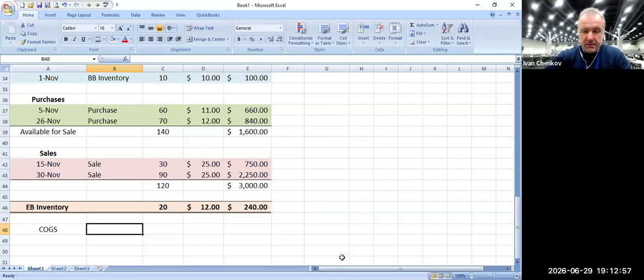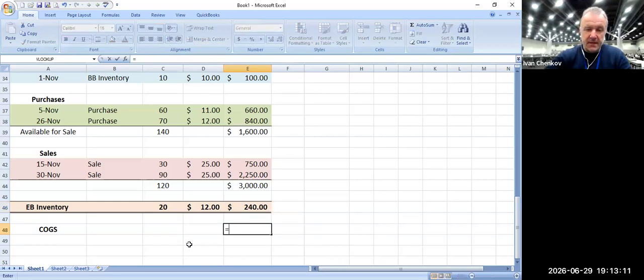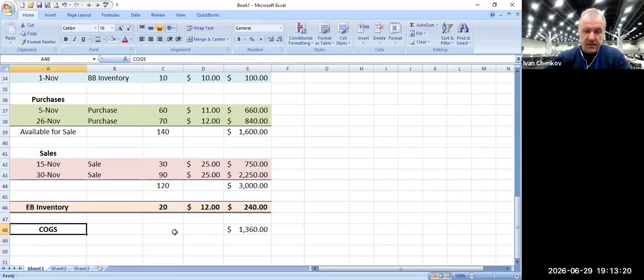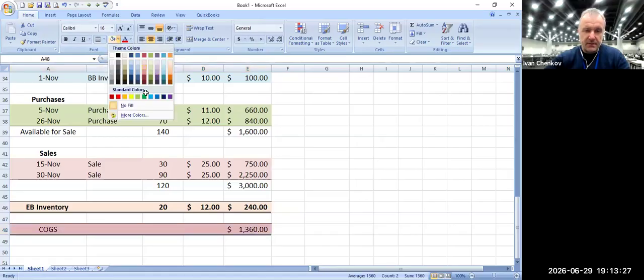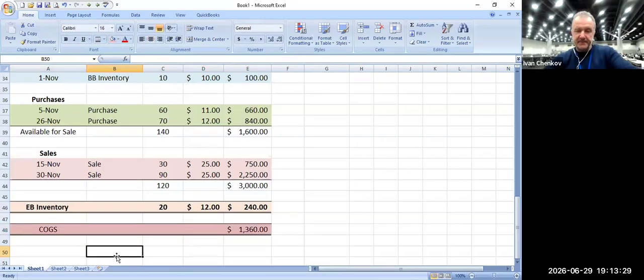In this case, the cost of goods sold will be simply a calculation: beginning balance plus the purchases gives you goods available, minus ending inventory, and we get cost of goods sold. That's the value of the items that we sold during the month of November.